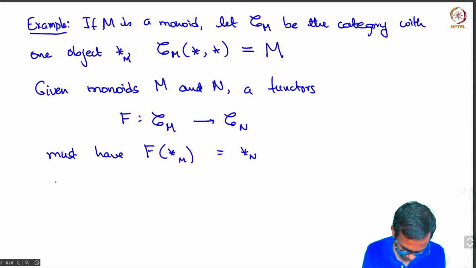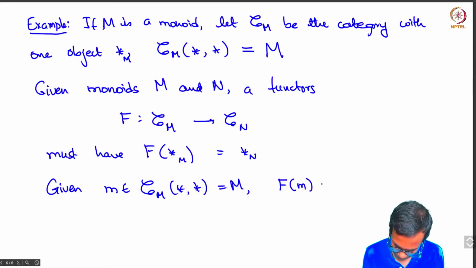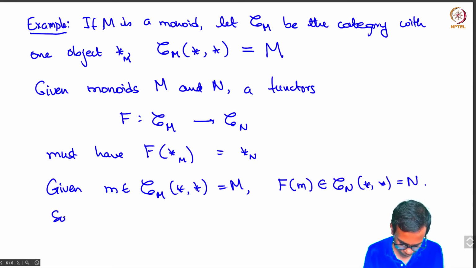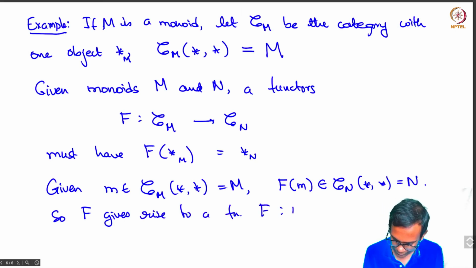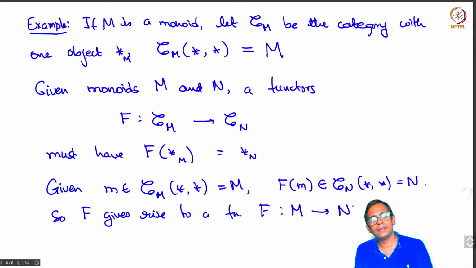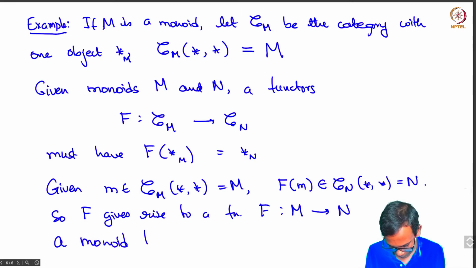Given m in M, so this is C_M(star, star), which is equal to M, F of m is an element of C_N(star, star), which is N. So F gives rise to a function, which we will also denote by F, from M to N, and the functoriality of F implies that this function capital F is a monoid homomorphism, which means that it preserves the product structure for monoids and takes the identity to the identity.